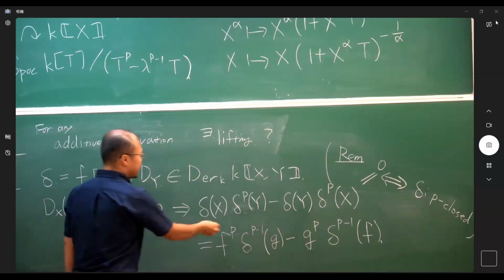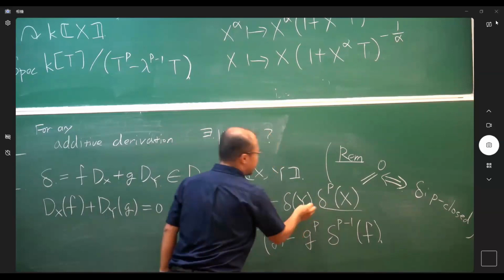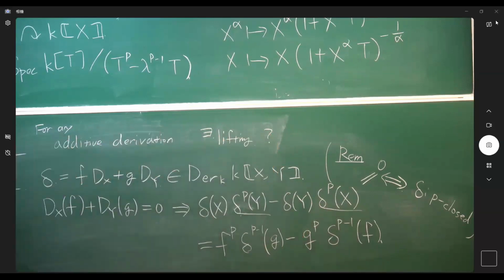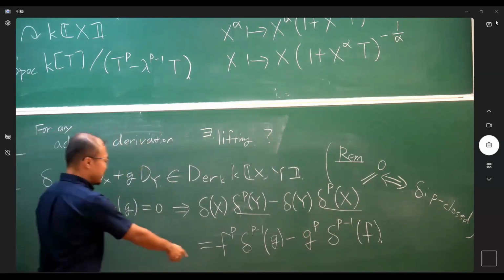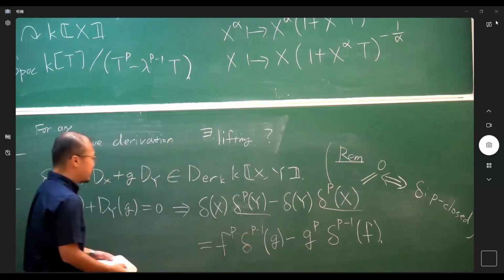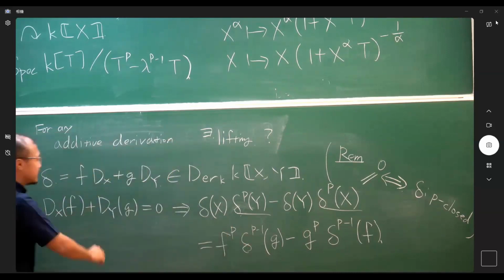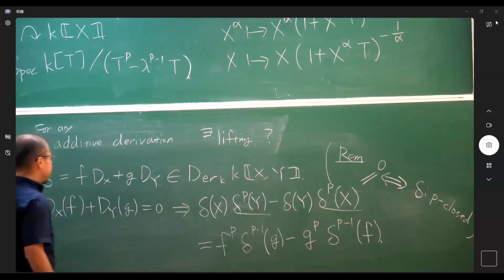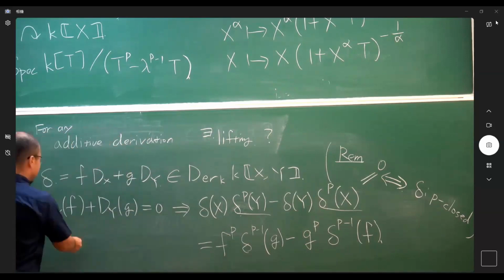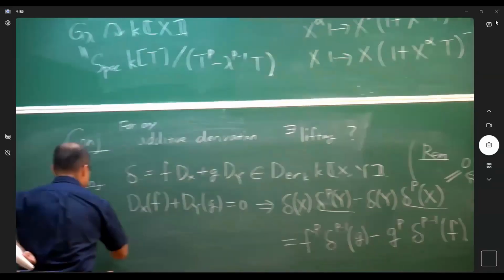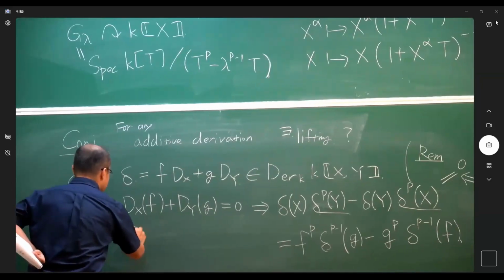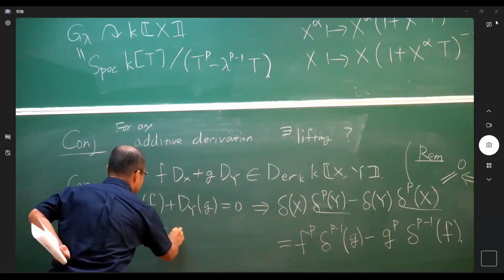The right hand side is very easy to calculate, but p-closedness is very difficult. We have to calculate these derivations, and it's very hard. We use a computer, but it's very difficult. If we know some special cases, this is true for p equal to 2, 3, 5, 7, for example.